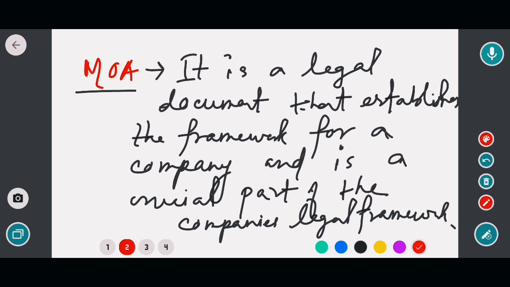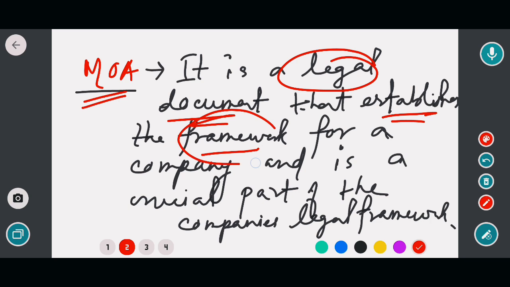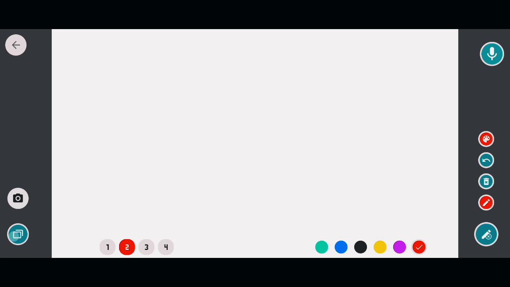Okay, so memorandum of association is a legal document that establishes the framework for a company, and it is a crucial part for the company's legal framework. Okay, so now on to next question.